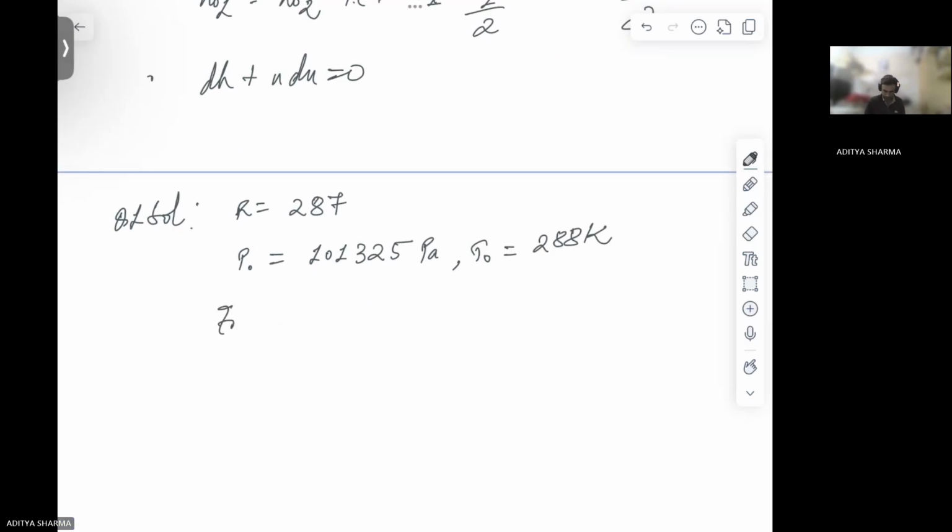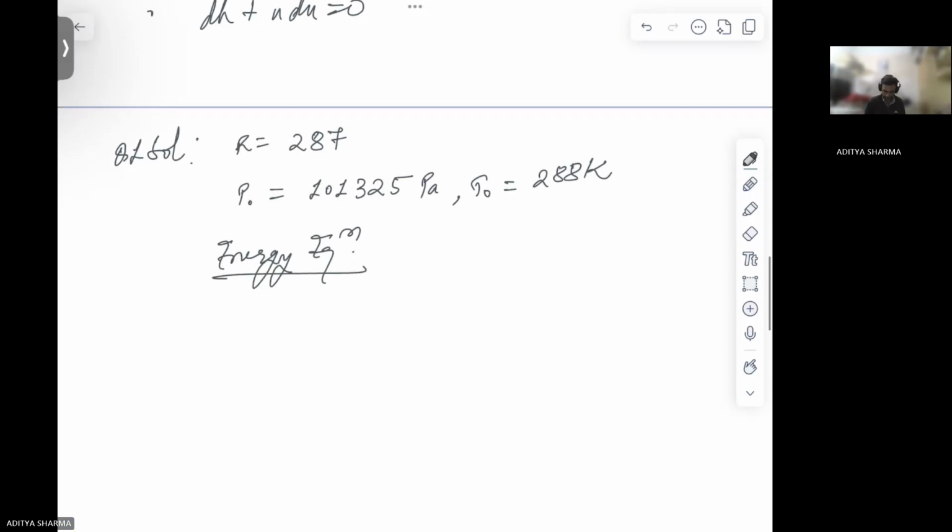Then using the energy equation, it's something like this, and we can write this this way.